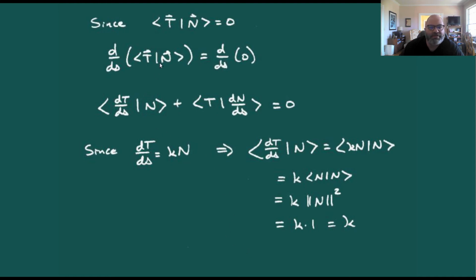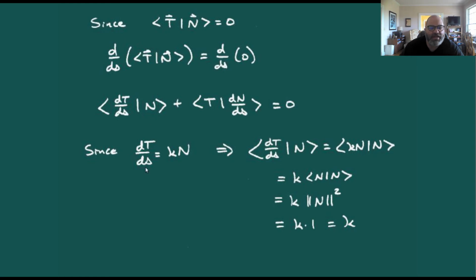So let's talk a little bit about what this binormal vector does. Since our tangent and normal vectors are orthogonal, if we take the dot product of those things, we get 0. Taking the derivative of those, we get the product rule on the left and 0 on the right. So here we have the dot product of the derivative of the unit tangent with the unit normal.